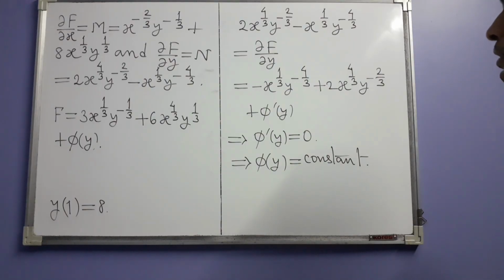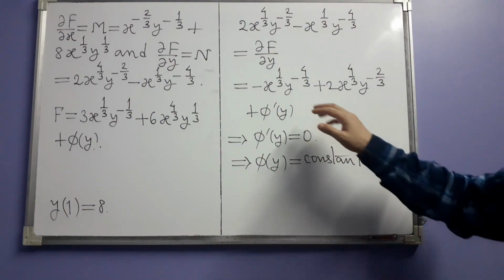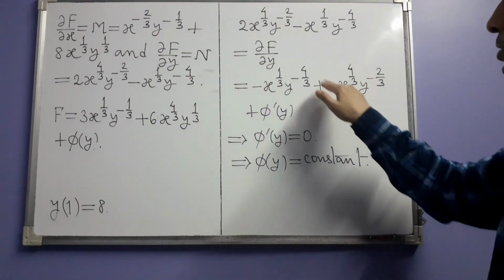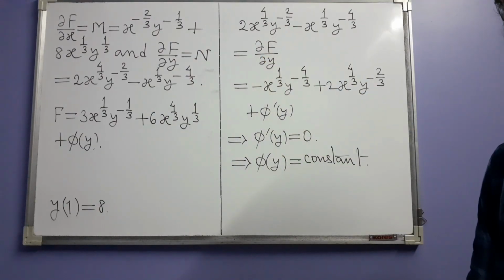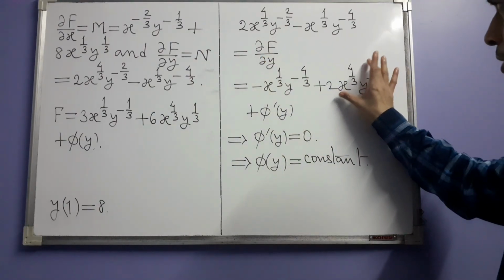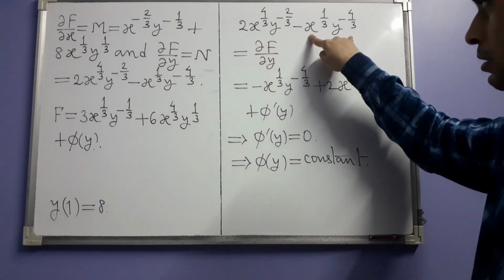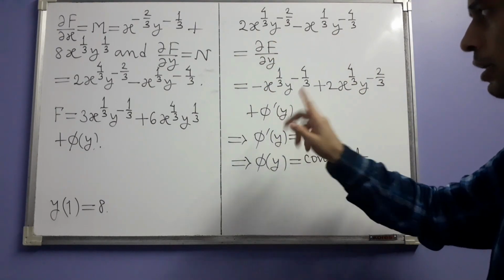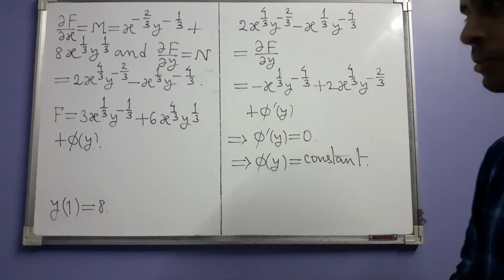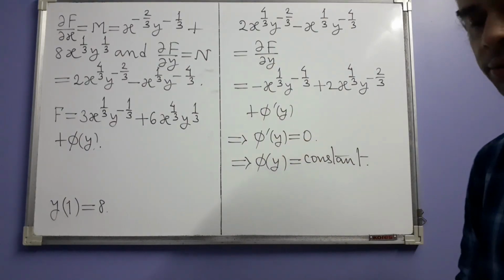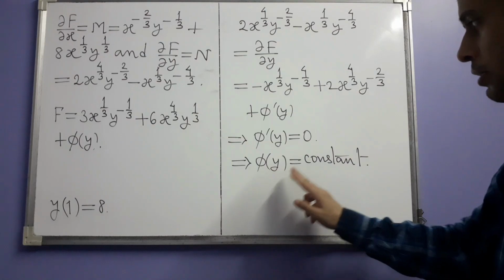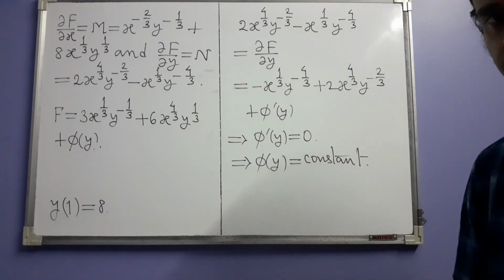Now you see that very nicely, actually you are getting all these things back. Whatever you have here, that is just there, and this one is just there, but plus you have this extra phi prime of y, so that is equal to 0, which means that phi of y is equal to constant.